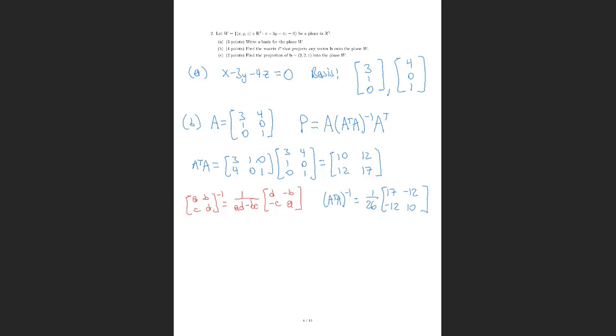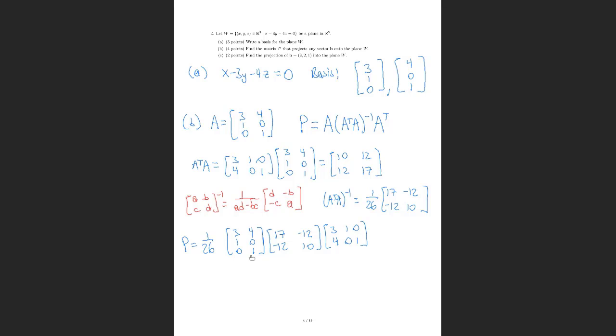Okay, so we have that, and so now we'll compute A times the inverse of A transpose A, and then times A transpose, and then all of that should give us the projection matrix for part B.